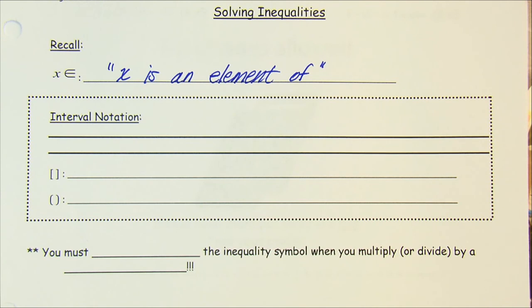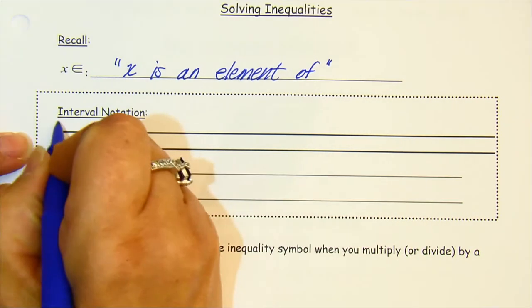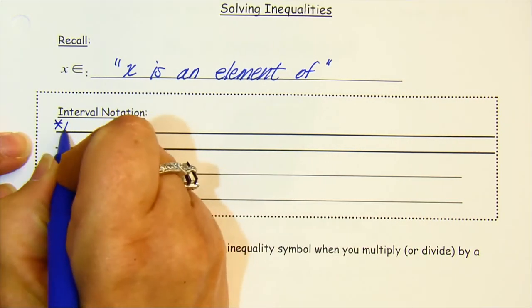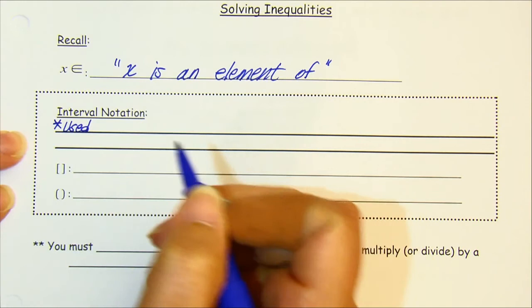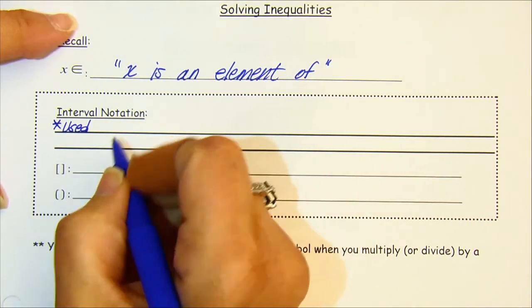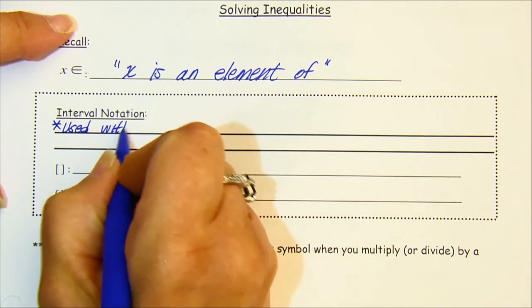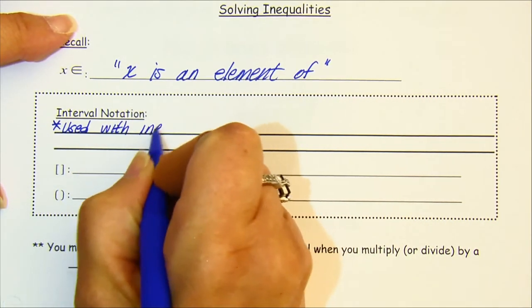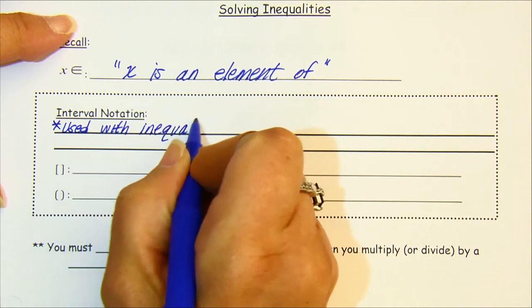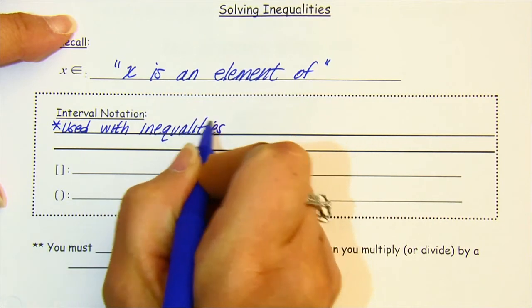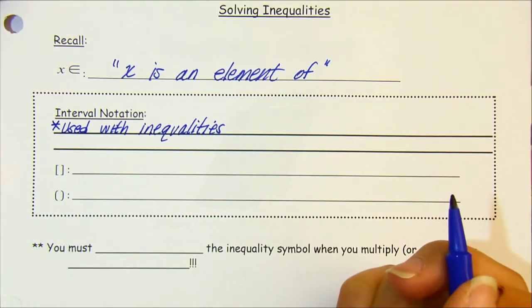Interval notation involves starting and stopping at some point, or maybe starting at a point and going in the direction of positive infinity and so on. So we're going to say here that interval notation is used for inequalities, because you should be familiar with inequalities when you're solving them and graphing them.